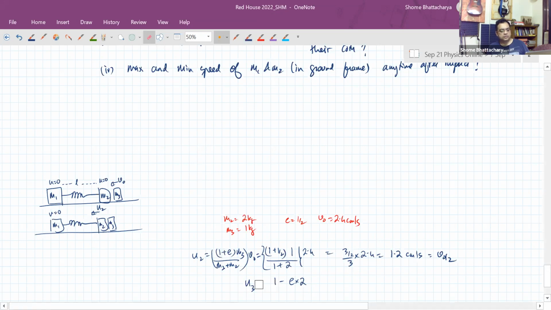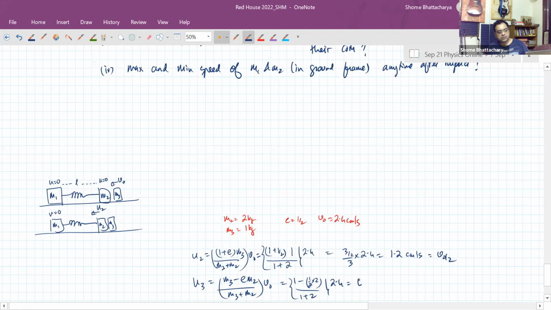Similarly, this term parametrically will be this. So in this case, this will work out to be 0, I think, which you can see agrees with momentum conservation.